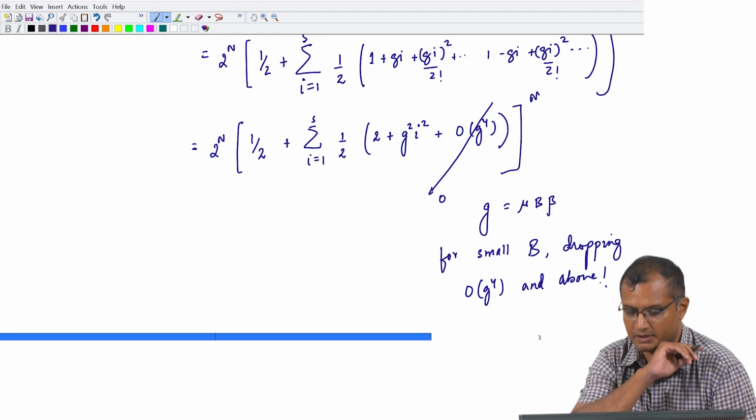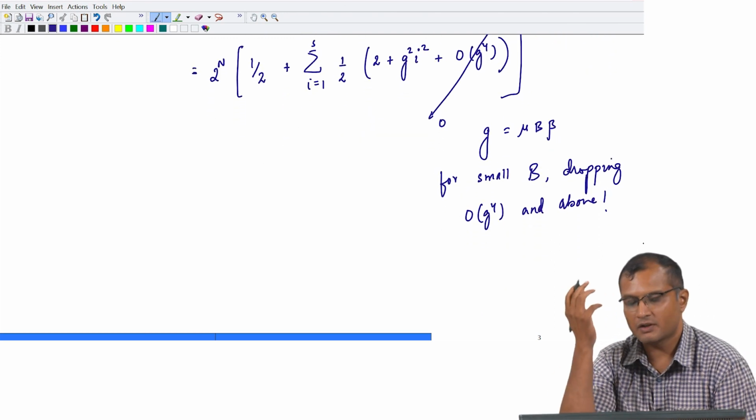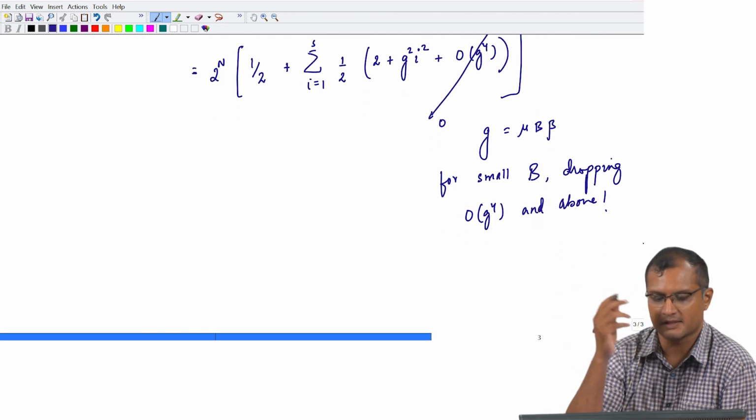Small field approximation. Like I said, I want to drop the summation. It is not dropped yet, but we will drop it in another step.